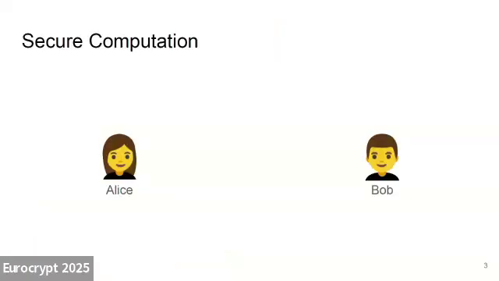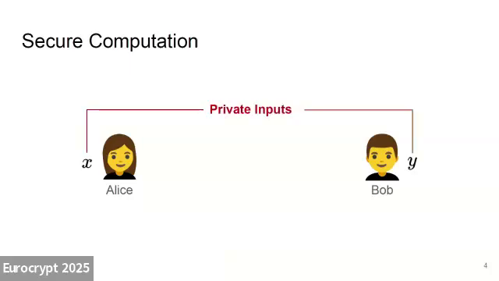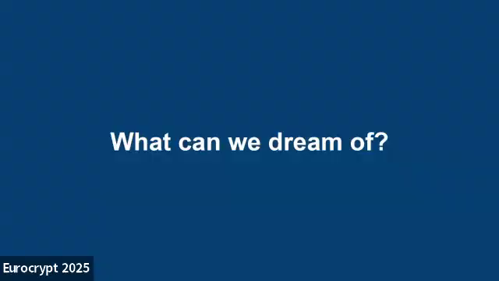The setting we consider in this talk is two-party secure computation, where each party has a private input, and the goal is for them to compute a function f of x, y without learning anything else. So what is the simplest protocol we can dream of in this setting?